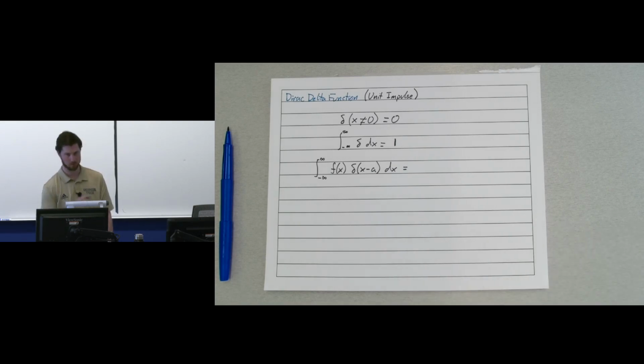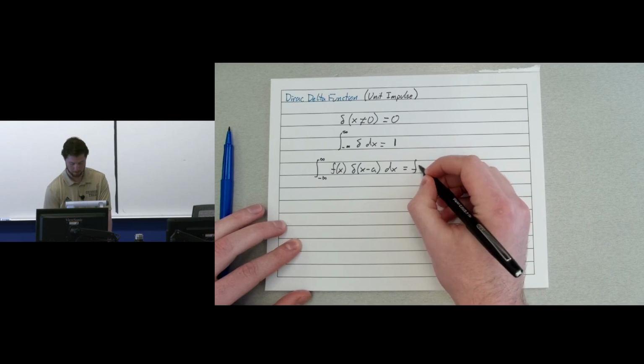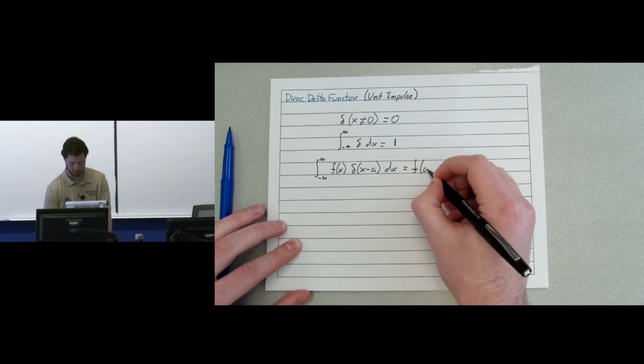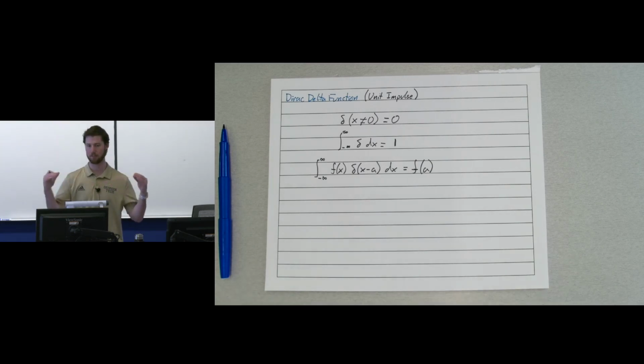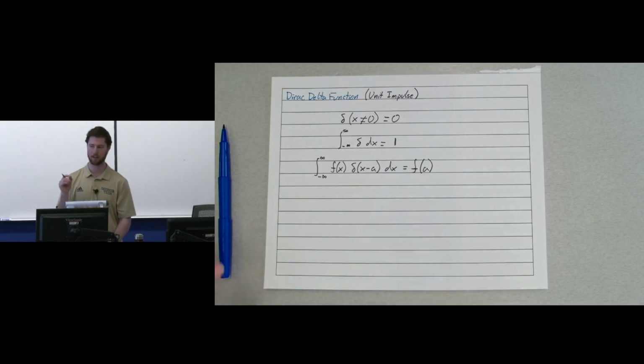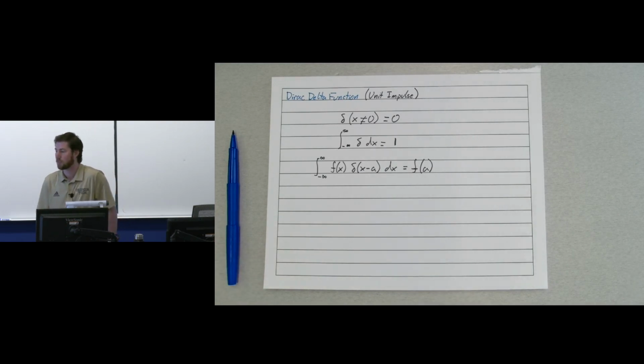Correct. So I don't know if everybody heard, but Fadi did say that this would be equal to f at a. And so essentially what we've done here is we've turned off every single point for this function that's not at x equals a. This is kind of like how we've been applying the orthogonality for previous functions.